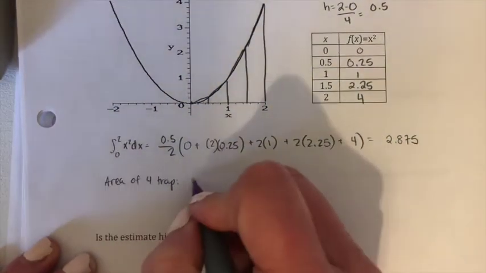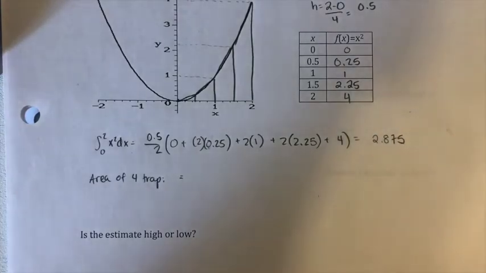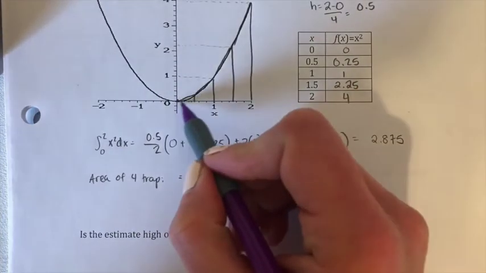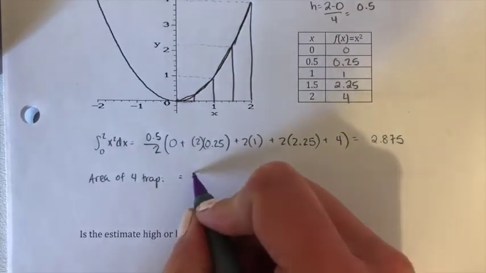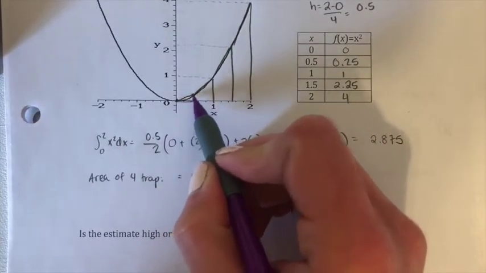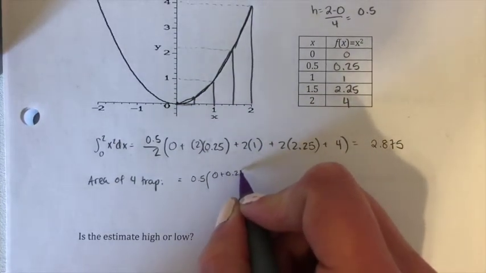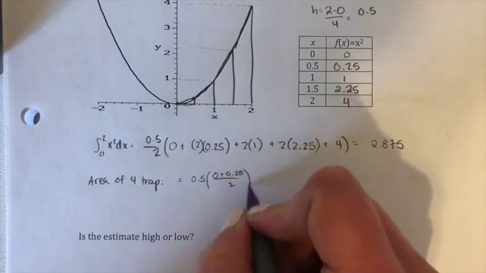To confirm that this works, we could actually use the area of the 4 trapezoids. So the area of 4 trapezoids, if we want to do it that way, we can check what we just did. So the first trapezoid would be this distance across the bottom, so the 0.5, times the average of this point and this point. So that would be 0 plus 0.25 divided by 2.